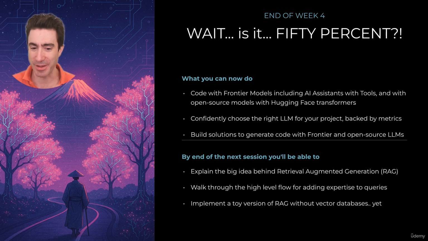Next time, you're going to be able to explain the ideas behind RAG. You're going to be able to walk through some high-level flows for adding expertise to your queries, and you'll be able to implement a toy version of RAG, a cheap and cheerful version. You'll do all of that on week 5, day 1, coming up tomorrow.